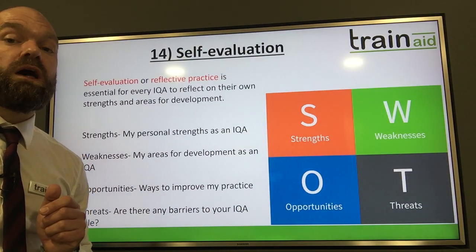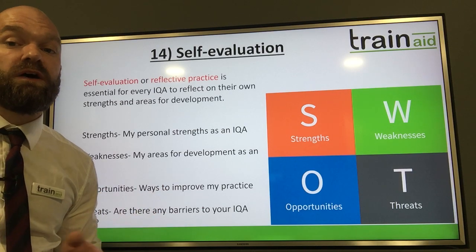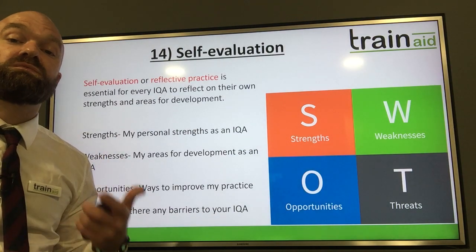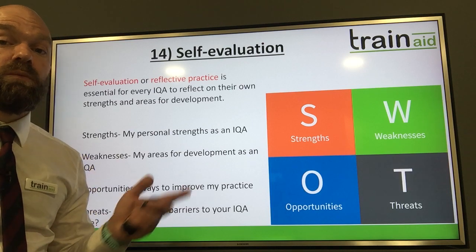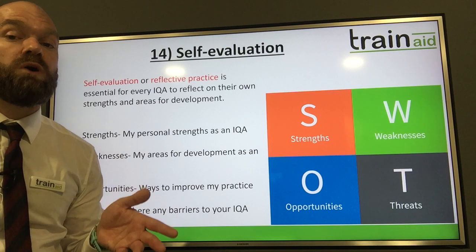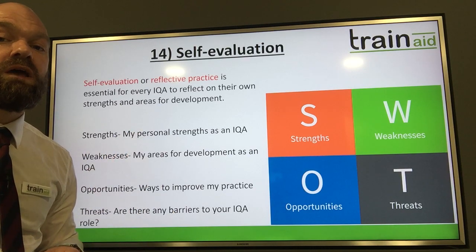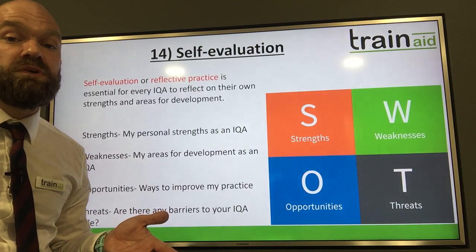The final element of the IQA course is the self-evaluation. This is typically one page and it's just getting you to reflect on your current IQA practice. Behind me we have an example of a SWOT analysis. You could write down your strengths as an IQA, your weaknesses or areas for development rather.